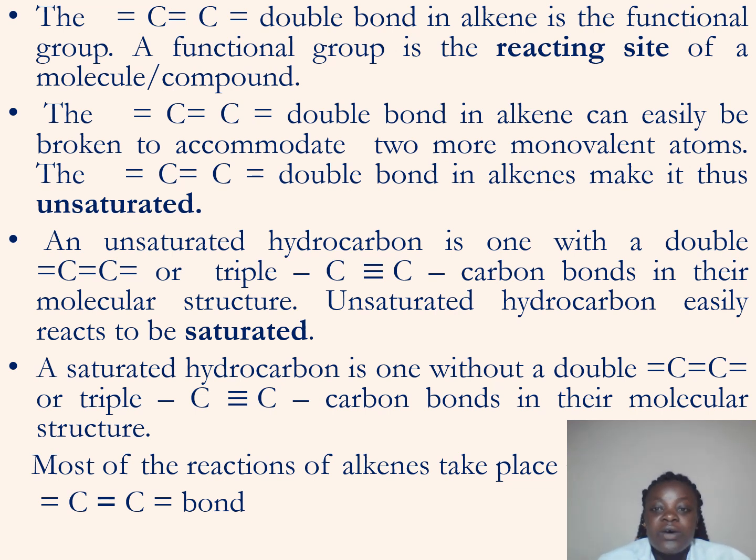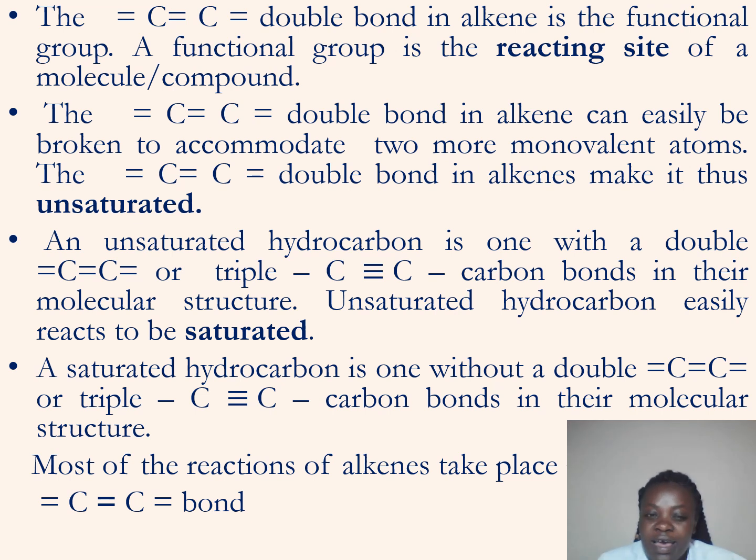starts. The reason the carbon-carbon double bond is the reacting site is that it can easily be broken to accommodate 2 more monovalent atoms, meaning one covalent bond each. So you can break it during a reaction. The double bond is broken, then we are left with 1 bond.